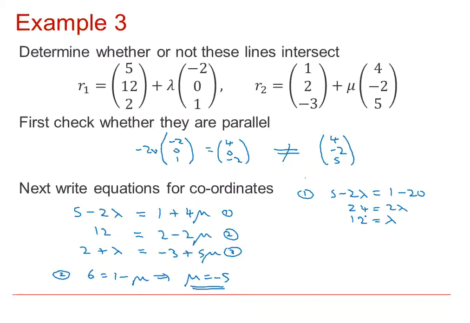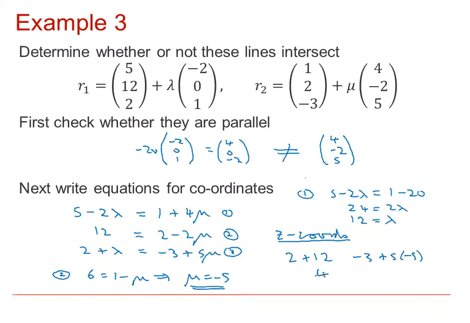Things at the moment appear to be okay, but if we have a close look at the z coordinates, equation 3, we've got 2 plus lambda, which is 2 add 12, and on the other side we've got minus 3 plus 5 lots of minus 5.